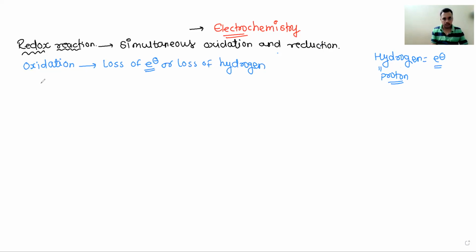The next terminology is reduction. What is exactly the meaning of reduction that we have to keep in mind? It is gain of electron or gain of hydrogen. That's why I'm clearing the basics which we are going to require in this chapter. Okay, so this is the first basic that we have to keep in mind.